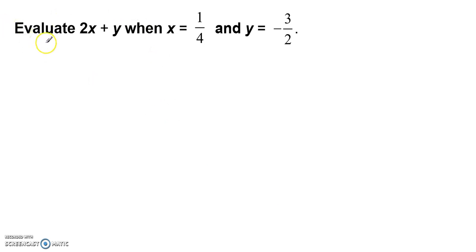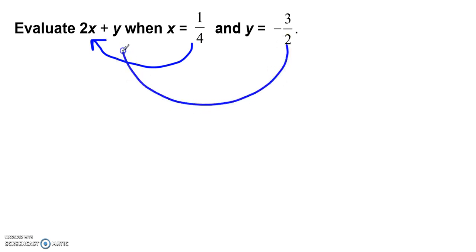Okay, so now we have evaluate 2x plus y when x equals 1/4 and y equals negative 3/2. So we're going to have to plug the x where they say to, which is 2 times x, and then right there for the y.